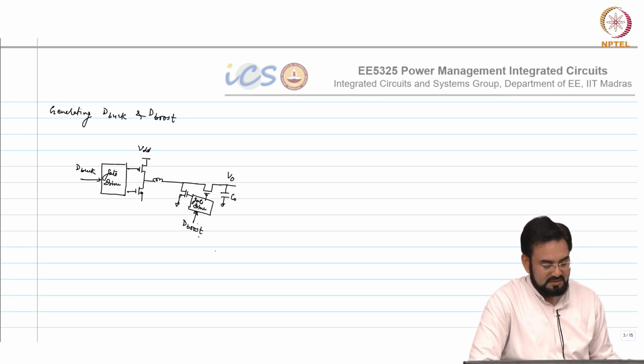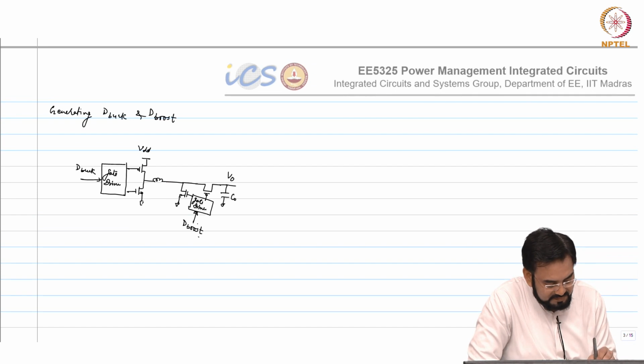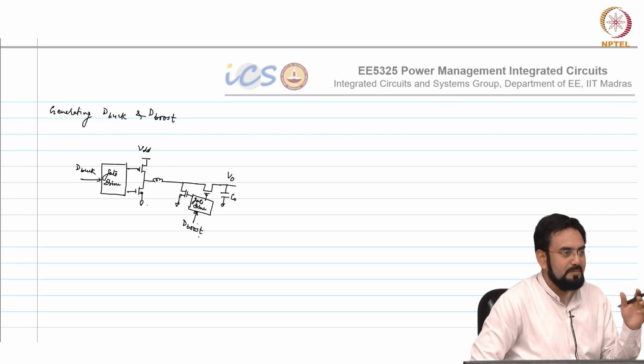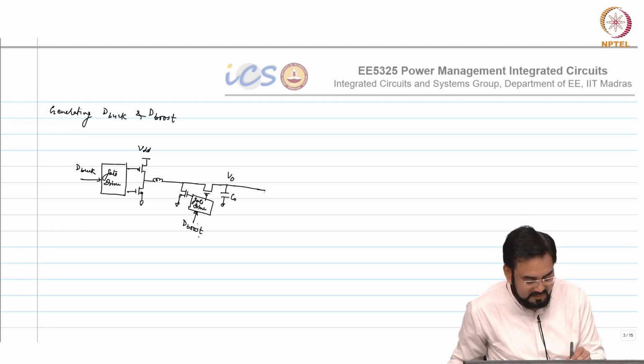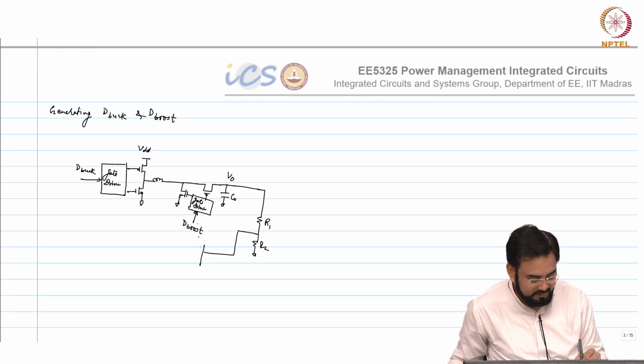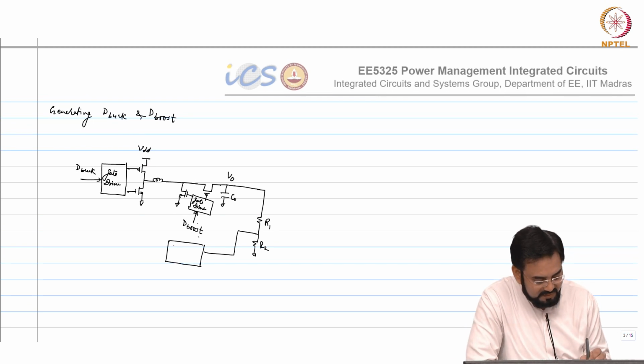Okay. So how do we generate these two? So let's say in the case of buck, now you have output. So let's say I have this feedback resistor R1, R2. Then you have your error amplifier with compensation.